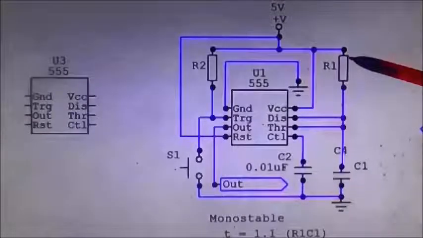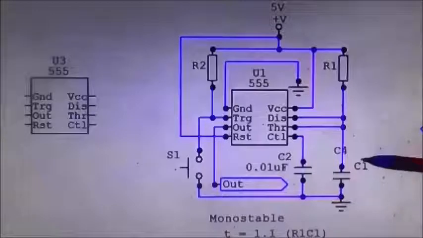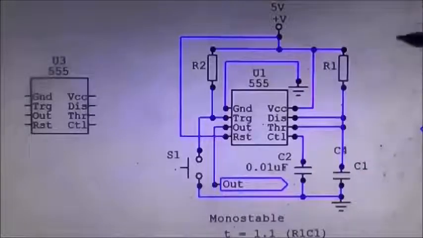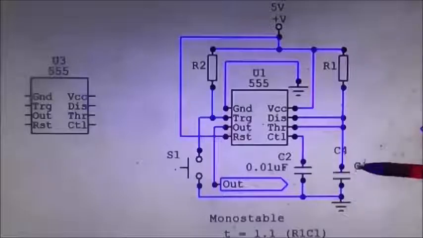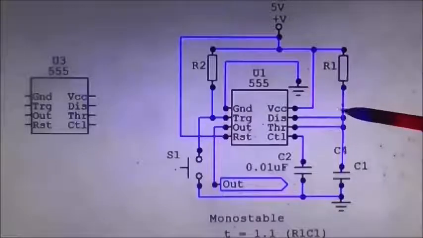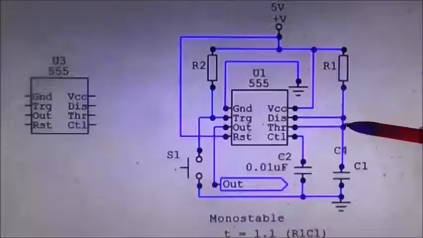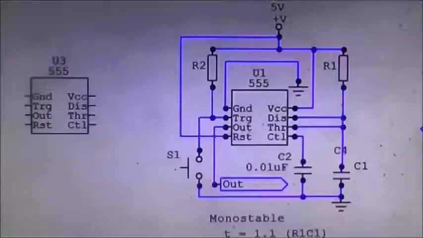These are the two important components, and as we can see, it's R1 and C1. And so R1 and C1 are connected to the discharge and the threshold, and that's what causes the timing. And underneath is the maths. T equals 1.1 R1 C1.